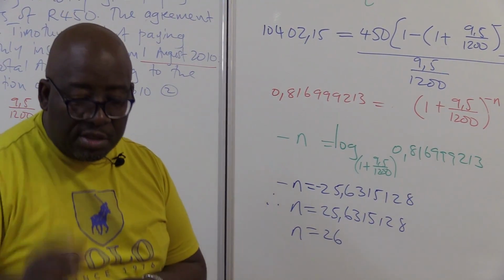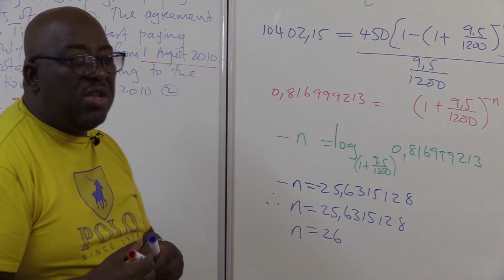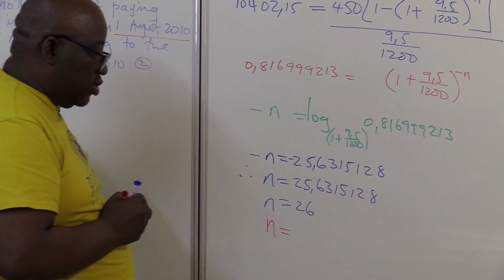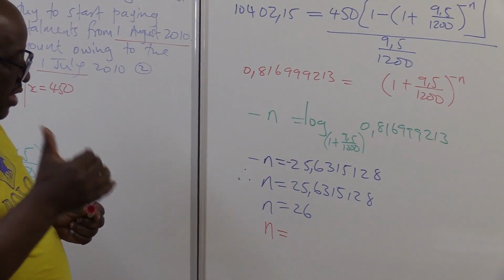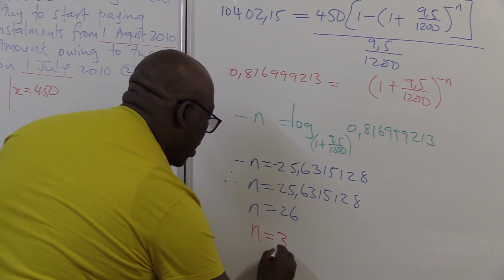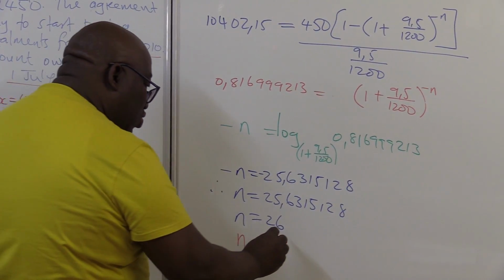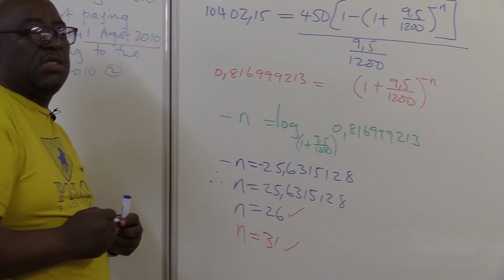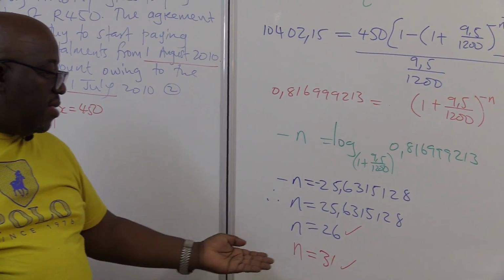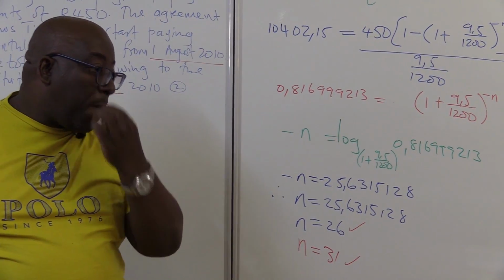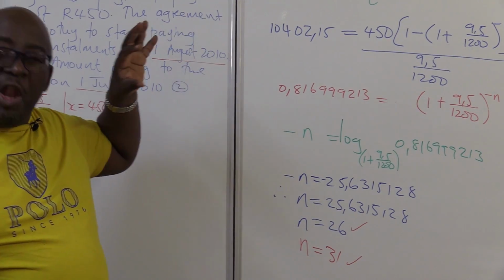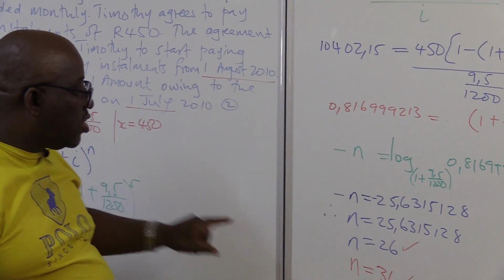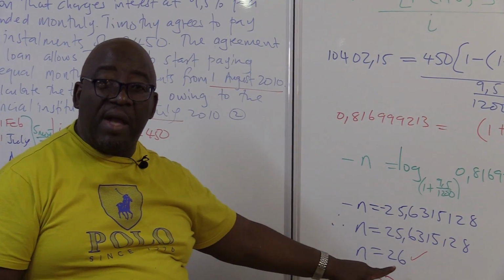Now, one child will say no, n is not 26. They'll say the actual n is 31. A learner that says n is 26, I'll mark correct, and the learner that says n is 31, I'll mark correct. Why do I mark the learner that says n is 31? Remember that the actual loan, the 10,000, stayed with Timothy not for 26 months, in actual fact.